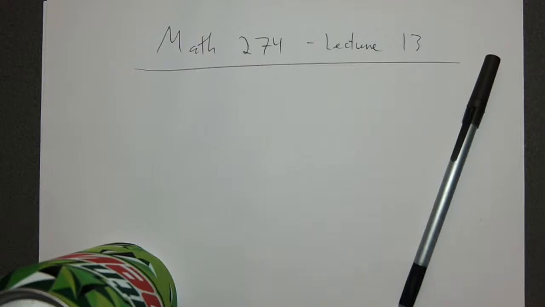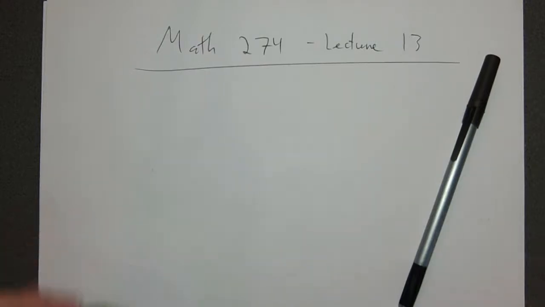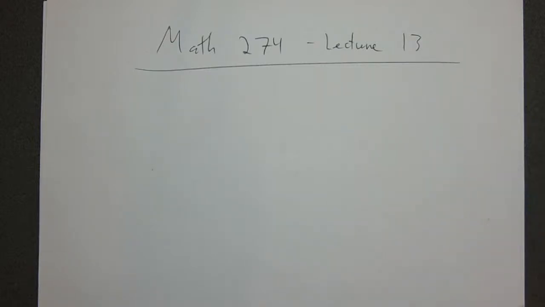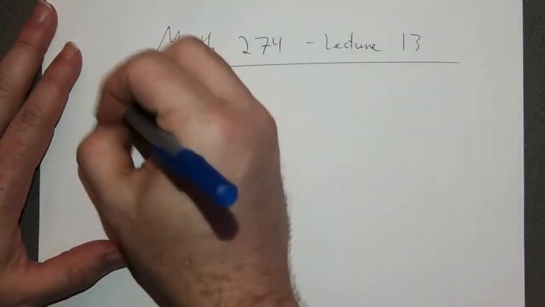Okay, so welcome back. Last time we were talking about Eudoxus. Eudoxus is typically considered, this is slightly up for debate, one of the greatest mathematicians prior to Archimedes.